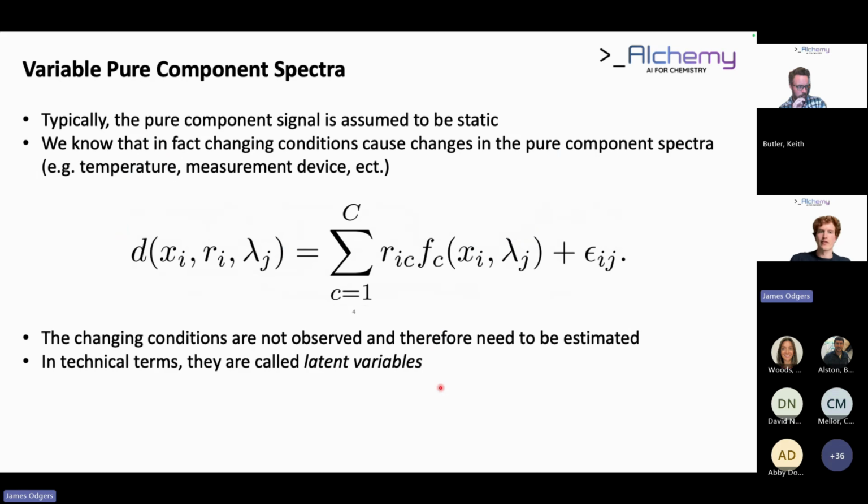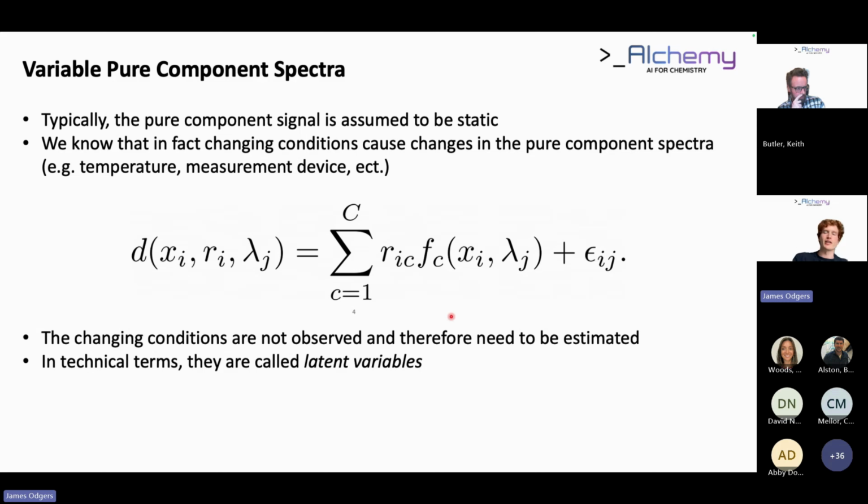So this is a very nice just-so story for how spectroscopy works. But in reality, the world's a bit more complicated than that. Specifically, we know that depending on what the conditions are when you make your measurement, we actually expect these pure component signals to vary. So it's not that you have one single pure component signal that always interacts with light in the same way.